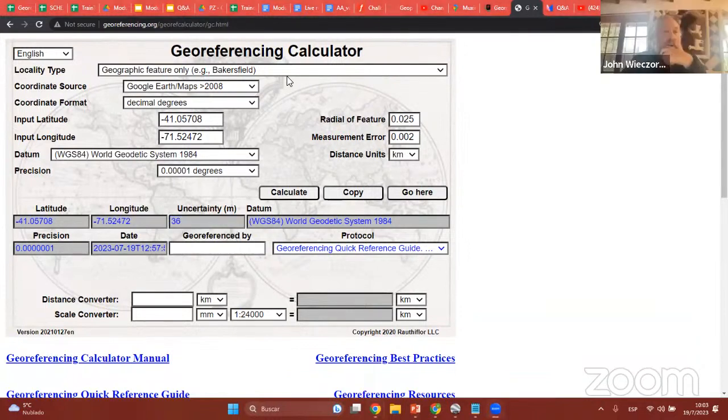One might ask why it is in meters in Darwin Core. The answer is that when we share the data, for a parameter about uncertainty we would like to be able to compare all uncertainties in all data in the world.